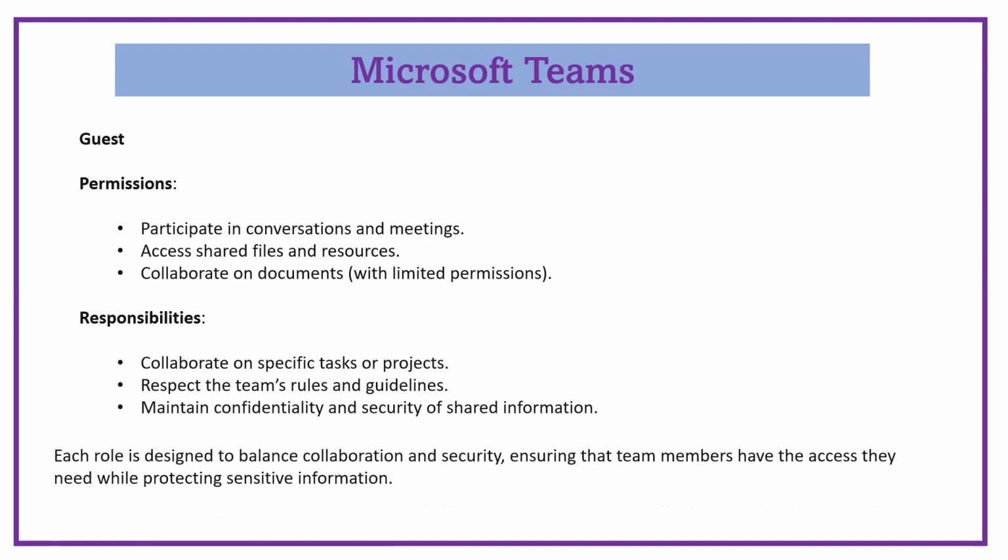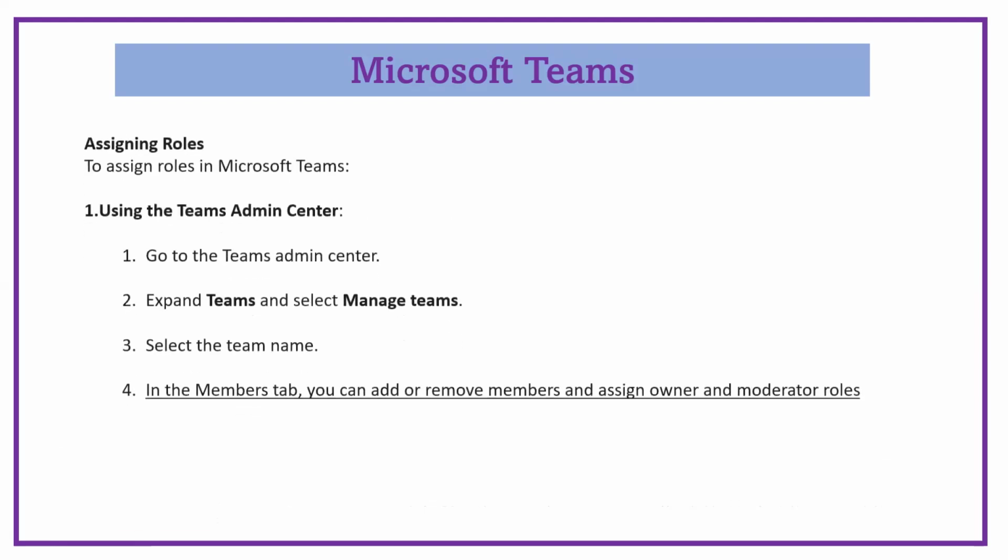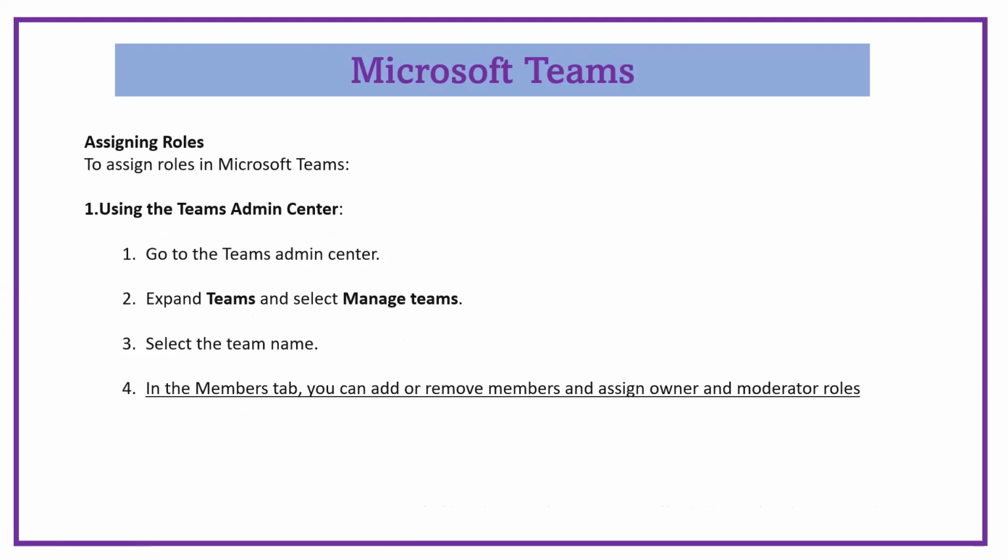Each role is designed to balance collaboration and security, ensuring that team members have the access they need while protecting sensitive information. Okay, so these are the steps for how we are going to assign roles and manage teams using Microsoft Teams Admin Center.